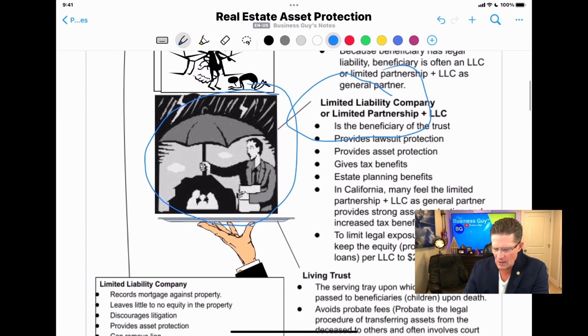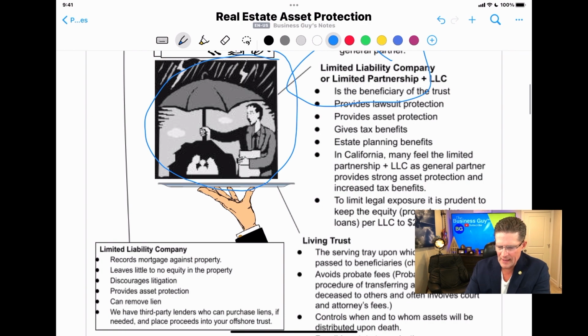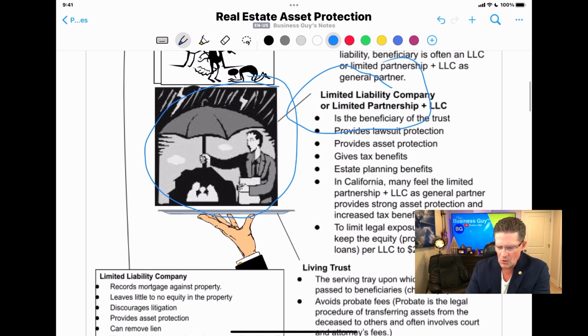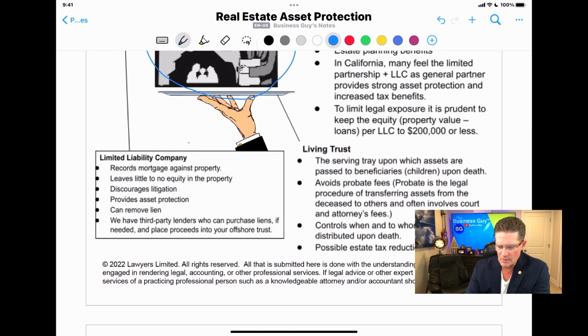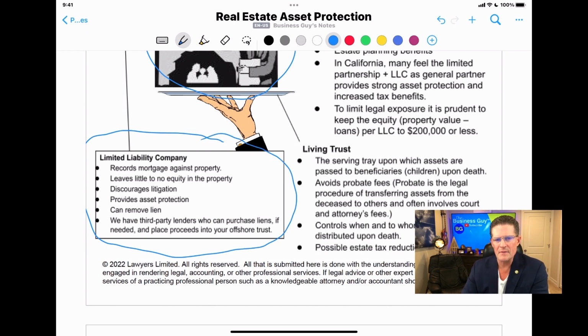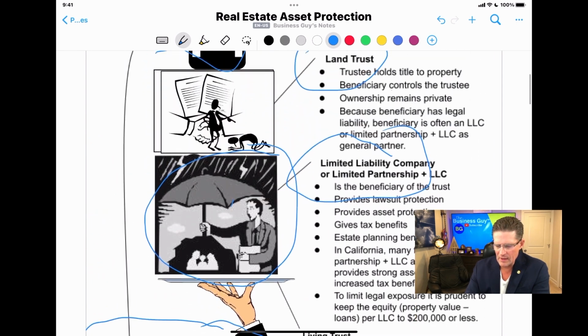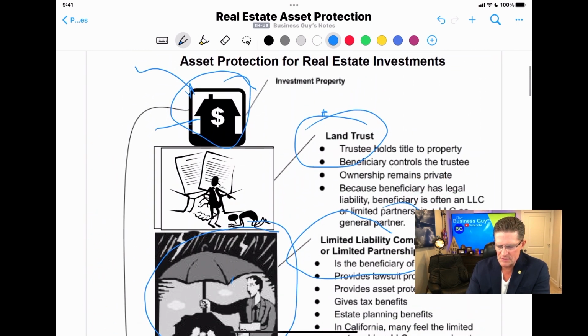Okay, now going on with the limited liability company as the beneficiary of the land trust, what about the equity in the property if there's a lawsuit on this property itself? What we do to protect the equities is we use the LLC that's inside of your asset protection trust or another LLC, for example, in Wyoming we can use, and we record an equity line of credit mortgage against the property.